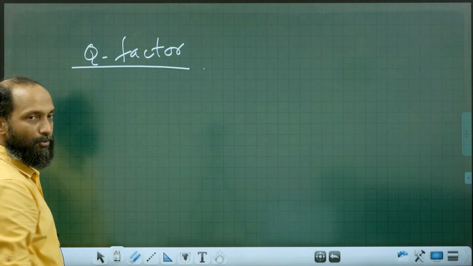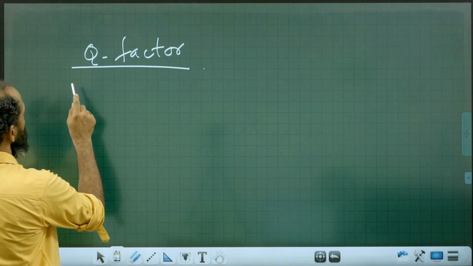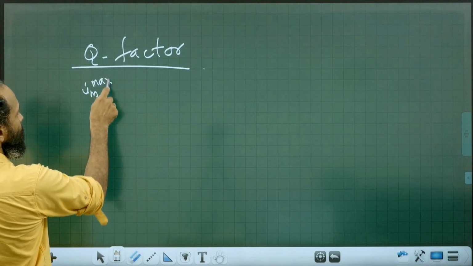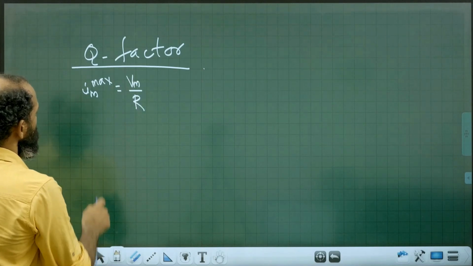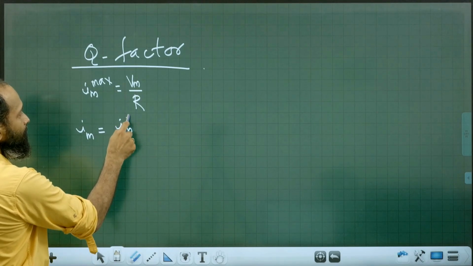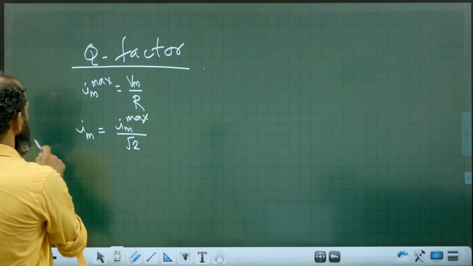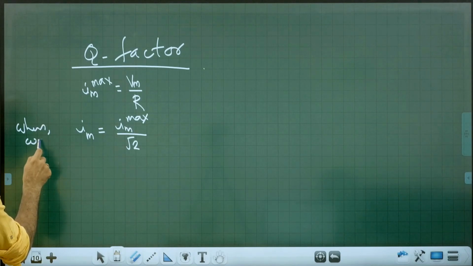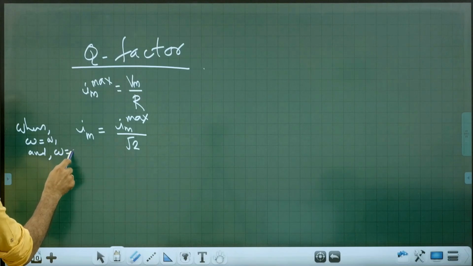Without any proof, because it is a quick revision and we have no time to deduce all that, I will write all the formulas. Im max is equal to Vm by R. Also we have chosen Im as Im max divided by root 2 when omega equals omega 1 and omega equals omega 2.